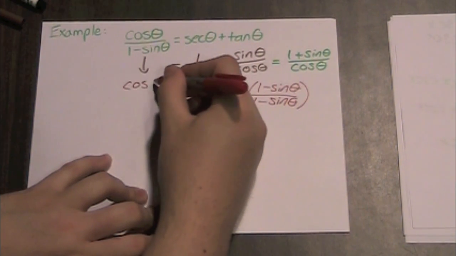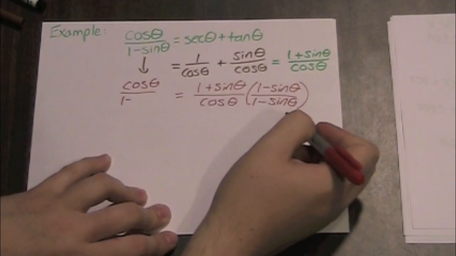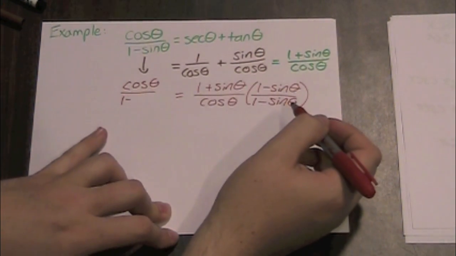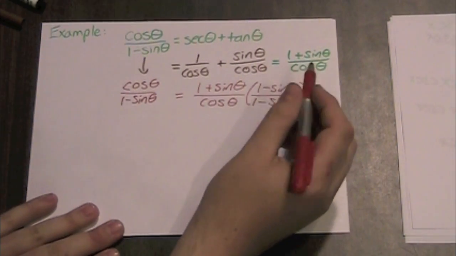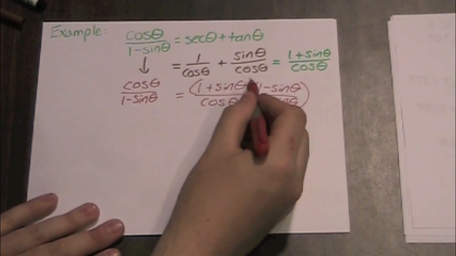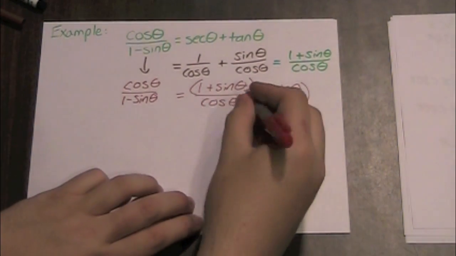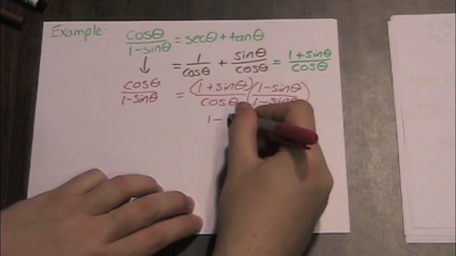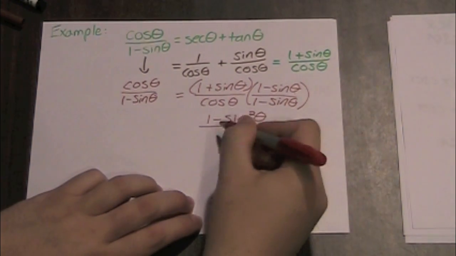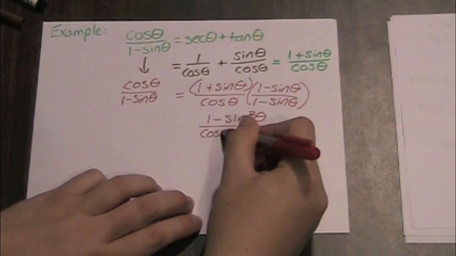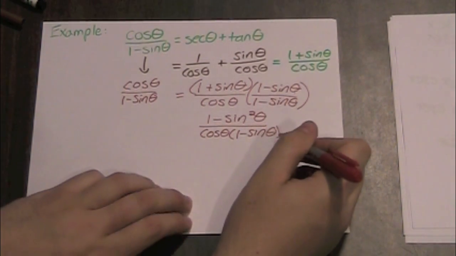The reason that I'm choosing to do that is that I see the denominator on the left side is 1 minus sine theta. And also I see a difference of two squares happening on the numerator of the right side fraction, which is going to leave me with 1 minus sine squared of theta over cosine theta times 1 minus sine theta.